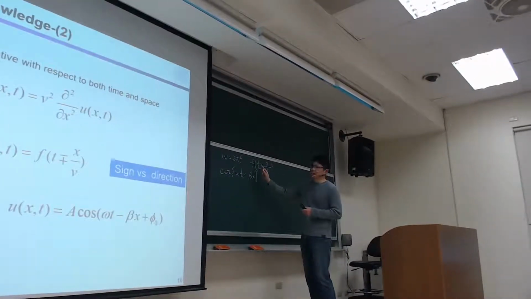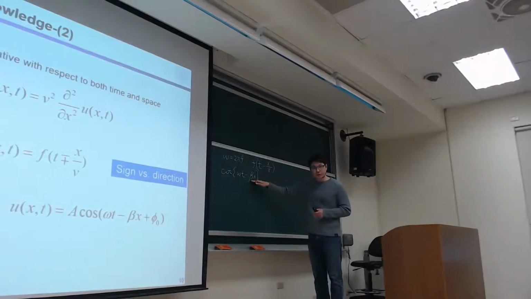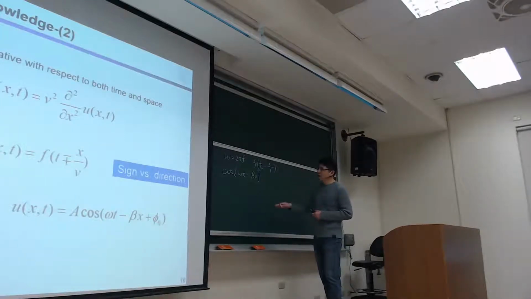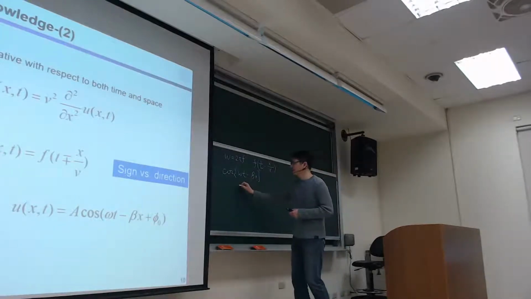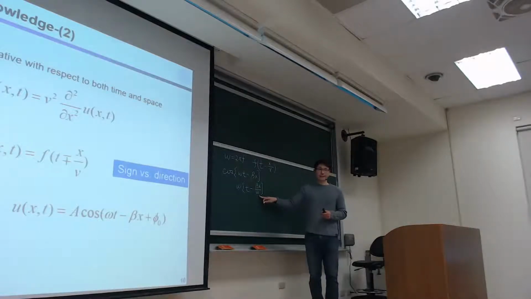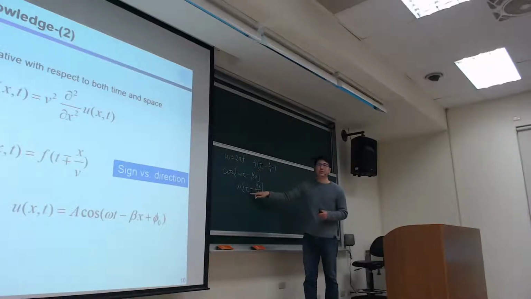So let's try to do some trick. So the solution form in the sinusoidal form conforms or agrees to my general solution form. All I have to do is take out omega. Since I'm taking out omega, I need to divide it again, right? So this thing in the bracket can be rewritten in this form.